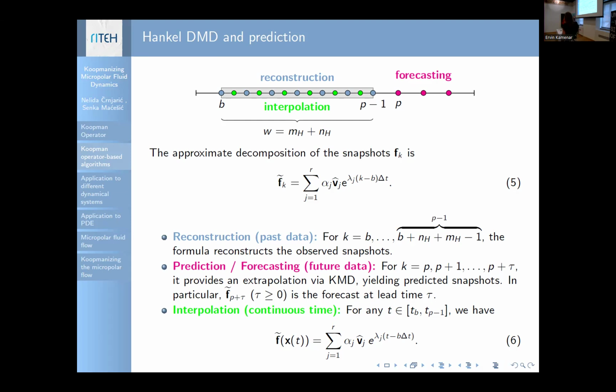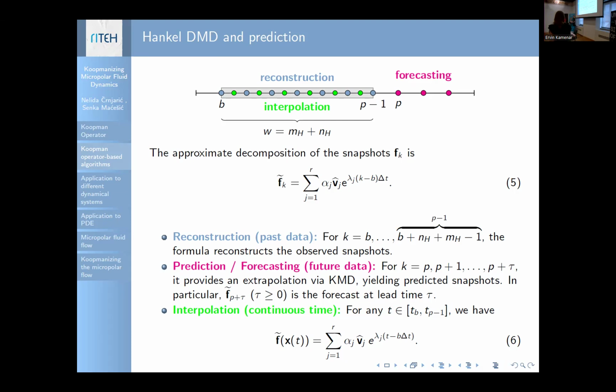If we take k beyond this active time window, we obtain forecasting. We can also use expression 6, where we arbitrarily rearrange expression 5, and t can be used continuously. We can use any t from this active window interval, not just indices, not just points, and then we obtain interpolation.